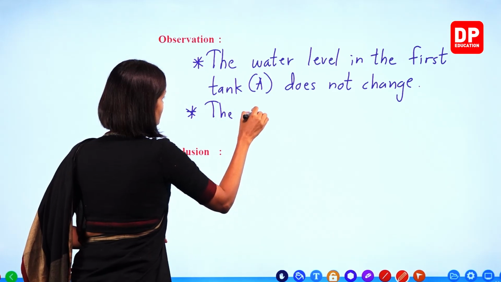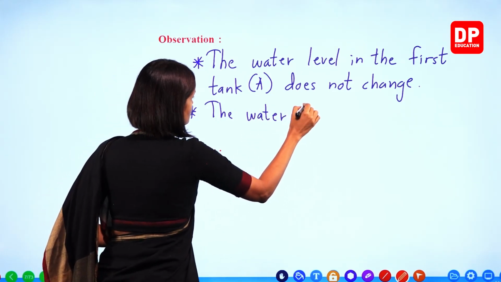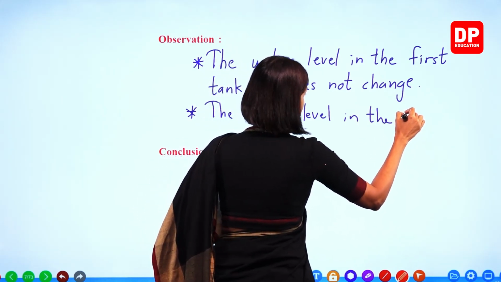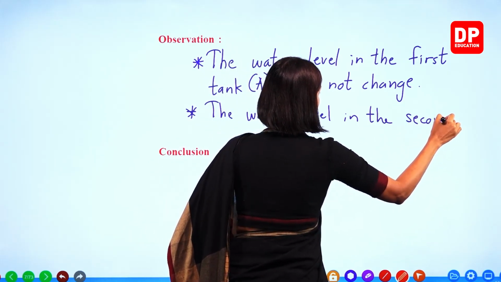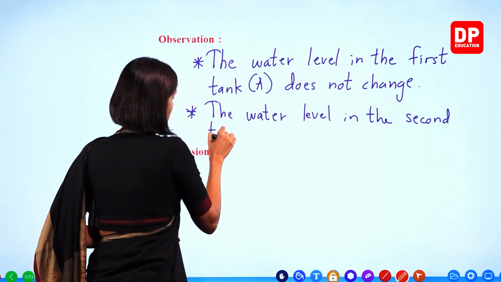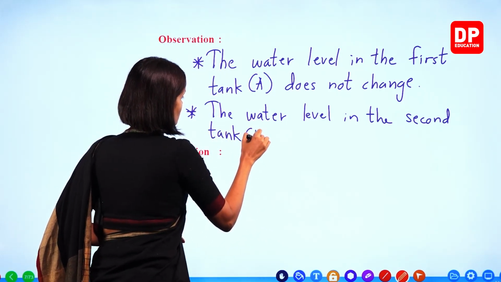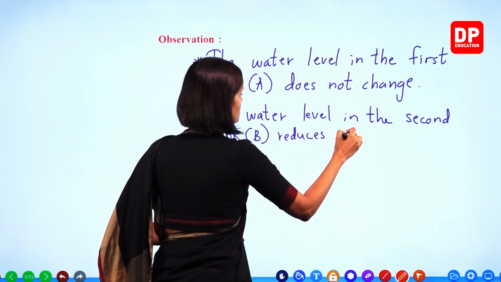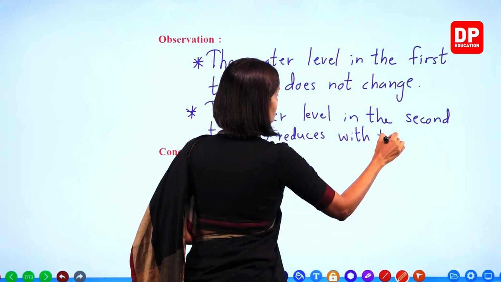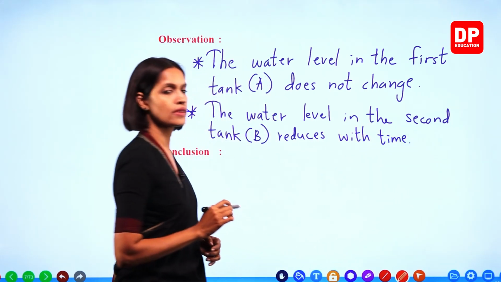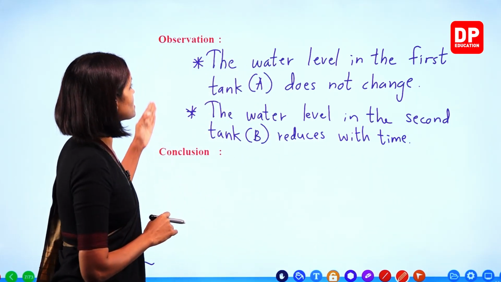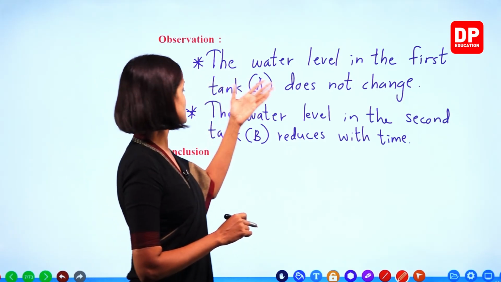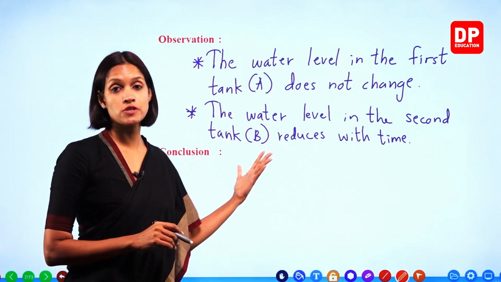The water level in the second tank, B, reduces with time. Right, children? The water level in the first tank or tank A does not change. The water level in the second tank or tank B reduces with time.